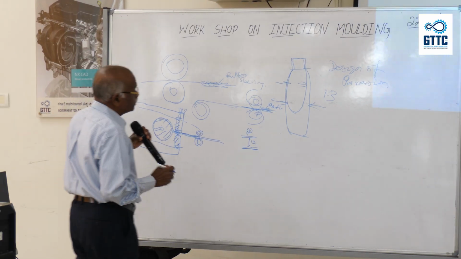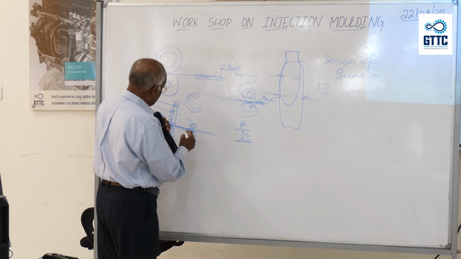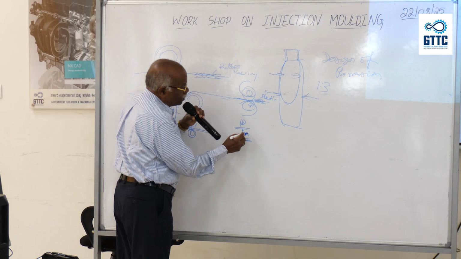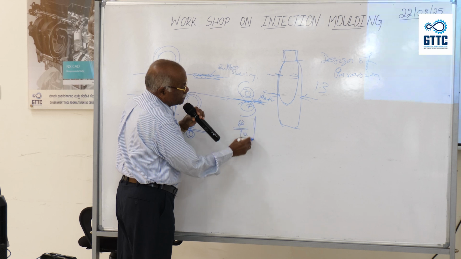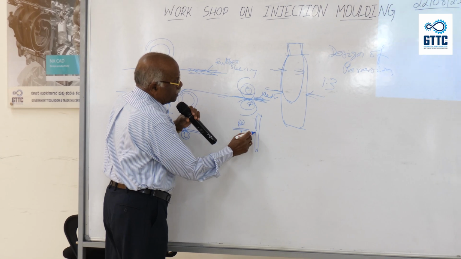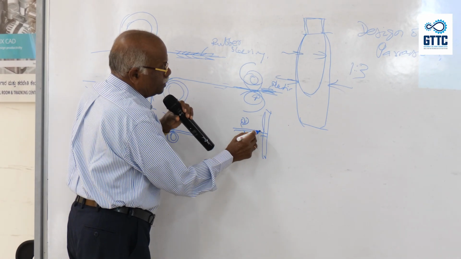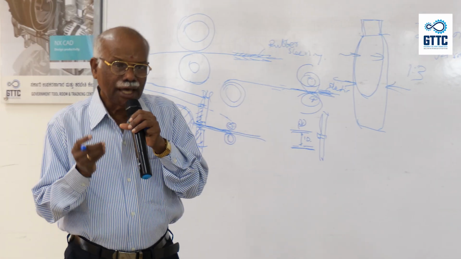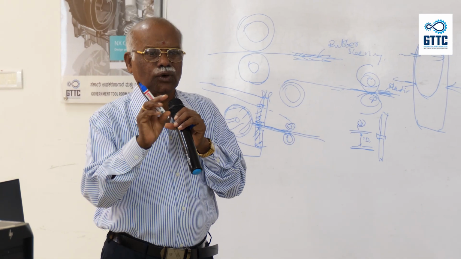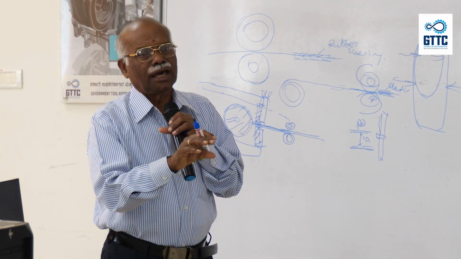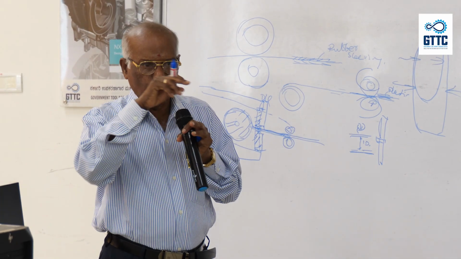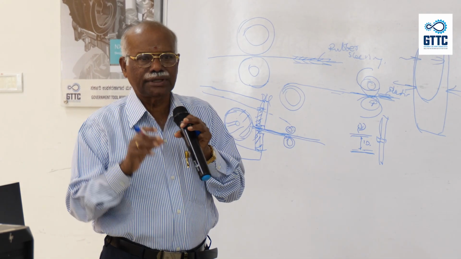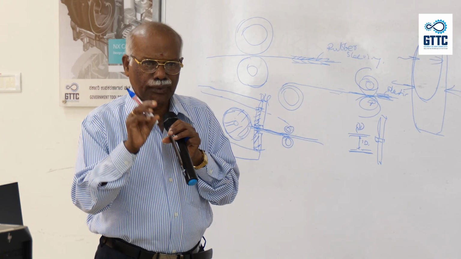Inside, there will be a small round diameter, a core pin equal to the inner diameter of the size, which is held in between. Through the taper, 4 holes or 6 holes will be there depending on the size of the pipe.